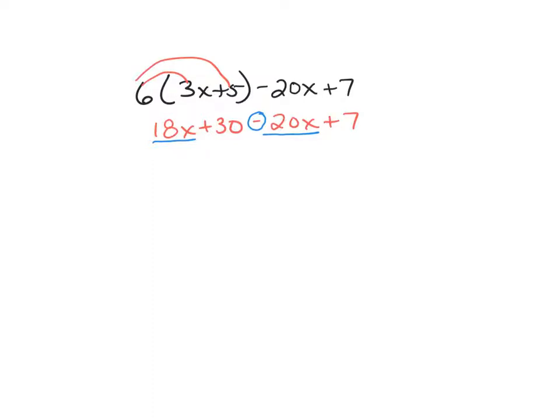So I have 18x subtract 20x. That gives me a negative 2x. And then the other terms I have are constants. So I have a plus 30 plus 7. This is a positive 30 because the sign in front tells me what type of number it is. So I'm going to add those together. I'm going to get a final answer of negative 2x plus 37.